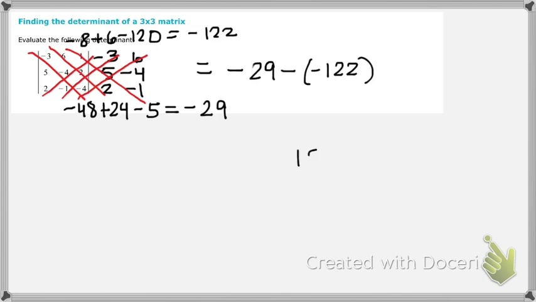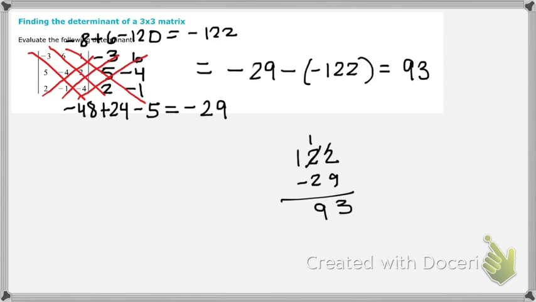So that's 122 minus 29, and that'll be 93. So that's equal to 93, and that is the determinant of this 3x3 matrix.